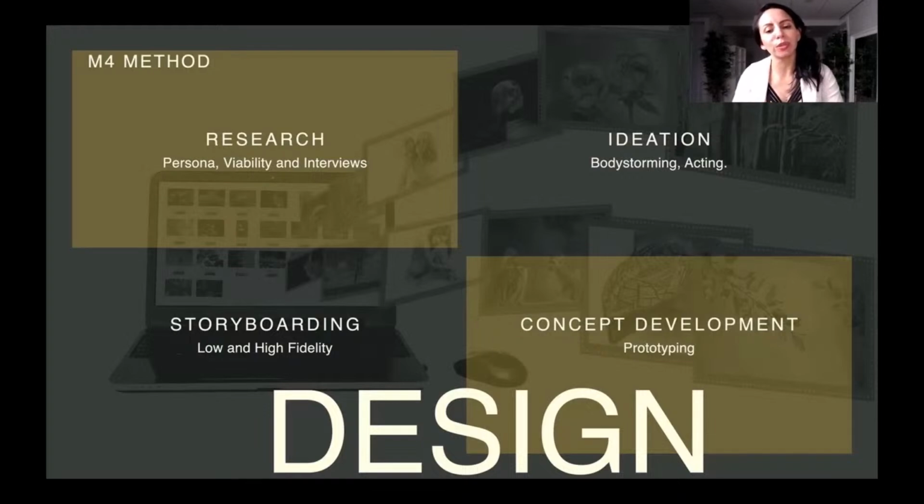Then we would move to the ideation phase, where we're going to be getting into another way to express this proposition, which is now using these techniques related with body storming and acting.